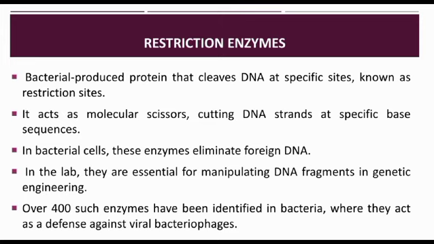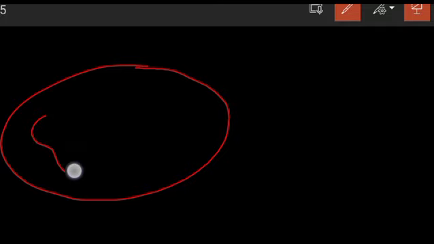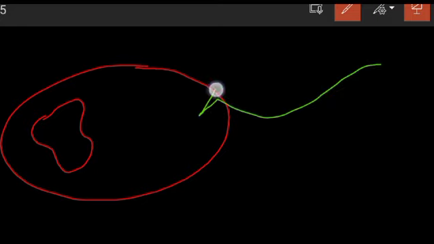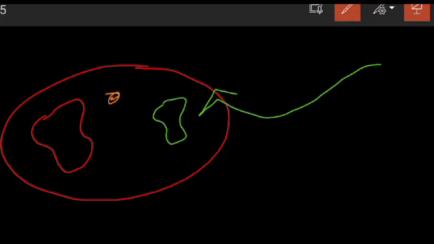So the question that arises here is: what is the function of these enzymes within the bacterial cell? Suppose this is a bacterial cell and this is the DNA of the bacteria. When any foreign particle takes entry into the bacterial cell, the methylase enzyme of the bacteria becomes activated and converts the bacterial DNA into methylated bacterial DNA.